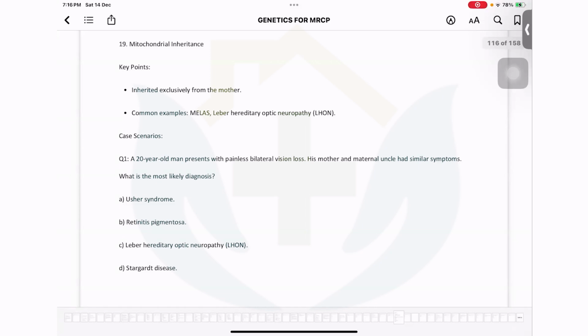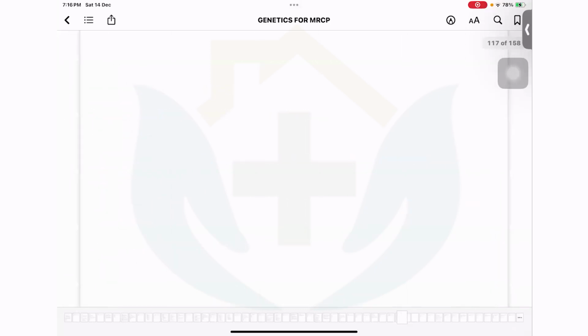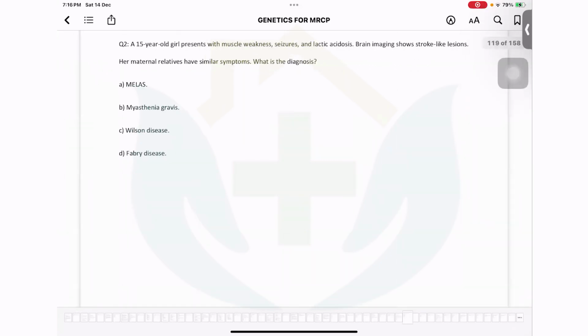If somebody is diseased, they will have more diseased mitochondria in organs like muscles and the nervous system. The eye is part of the nervous system, so the answer is Leber hereditary optic neuropathy. We covered it in the last class. It causes optic nerve atrophy and vision loss, inherited maternally.